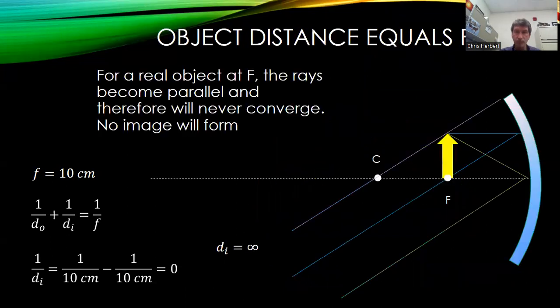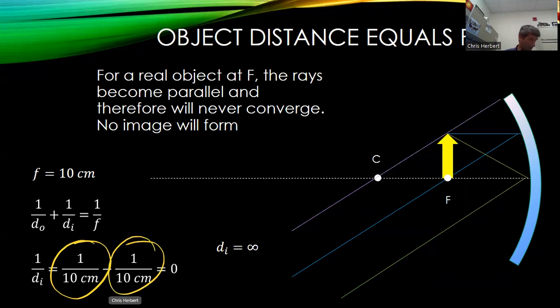Okay, what happens when I place the object at the focal point? Well, if I do my calculation here, I get something very, very interesting. I have 1 over 10 centimeters. That is 1 over the distance to the focal point, minus 1 over the distance to the object.